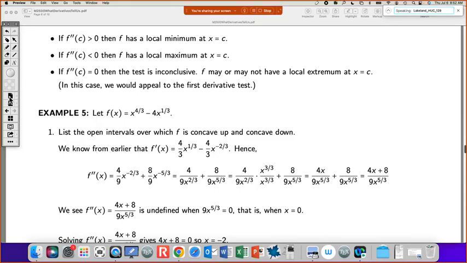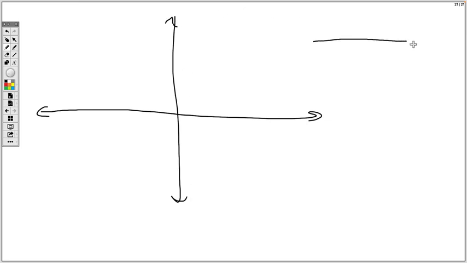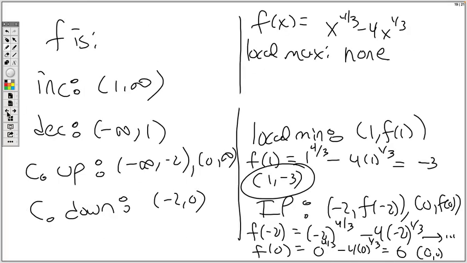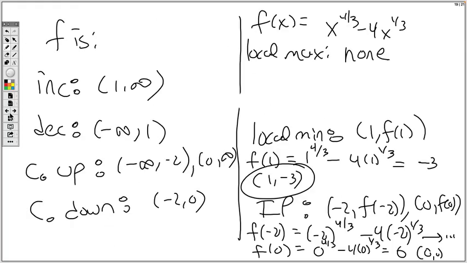So let's put it all together and try to graph it. So once again, what I like to do is try to put everything together. So at 0, we've got a couple things going on. At 0, 0, we have an inflection point, but we also have something happening with the derivative. The derivative doesn't exist there. So something extra spicy is happening at 0, 0.